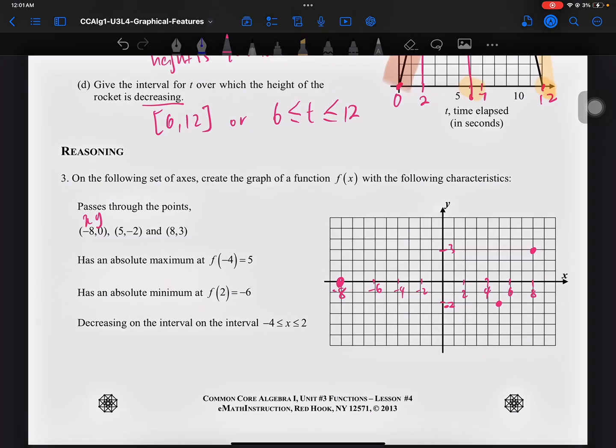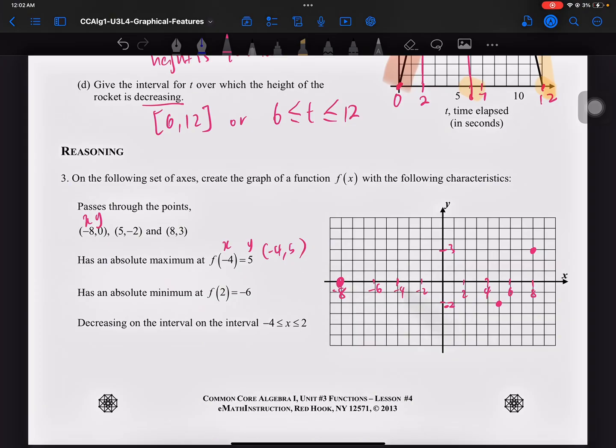Okay, and then the question has an absolute maximum at f(-4) equals 5. That is the absolute maximum. So this is x, this is y. So (-4, 5).